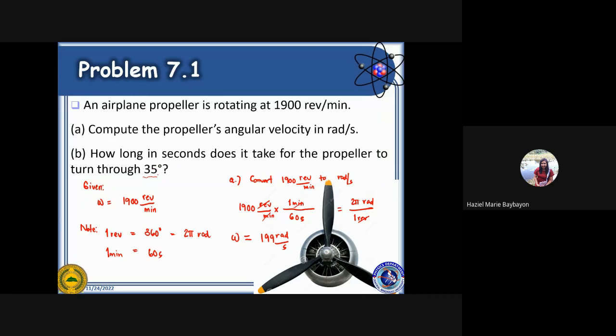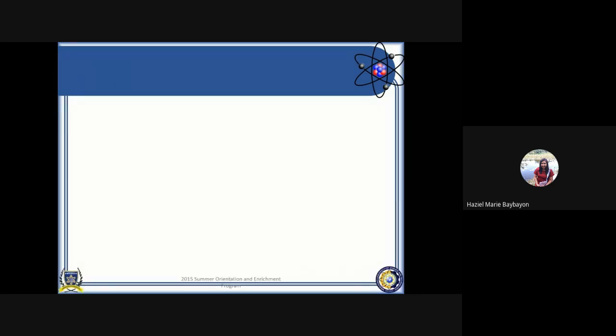So we will convert 35 degrees to radians. For letter B, convert 35 degrees to radians.